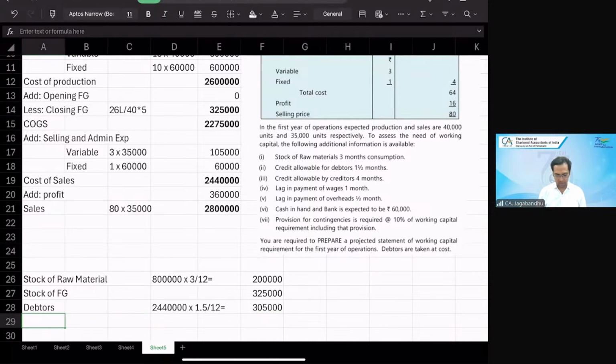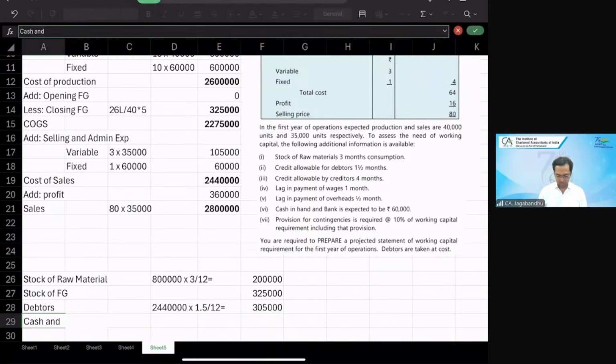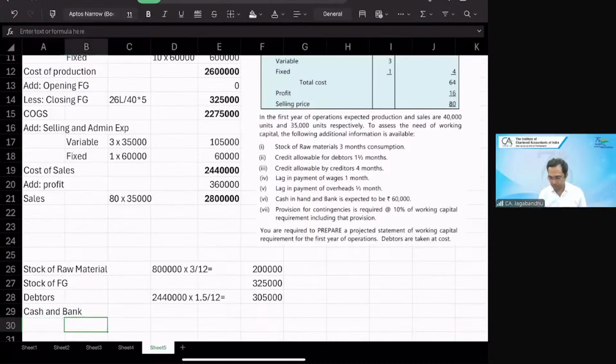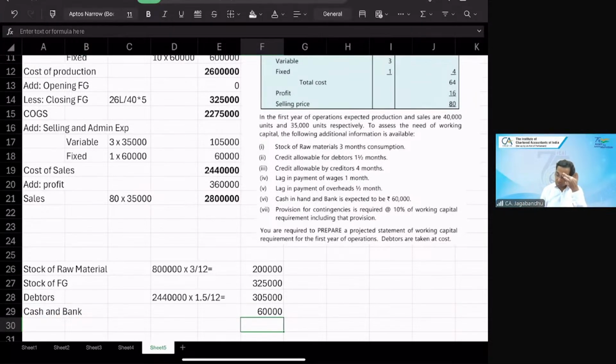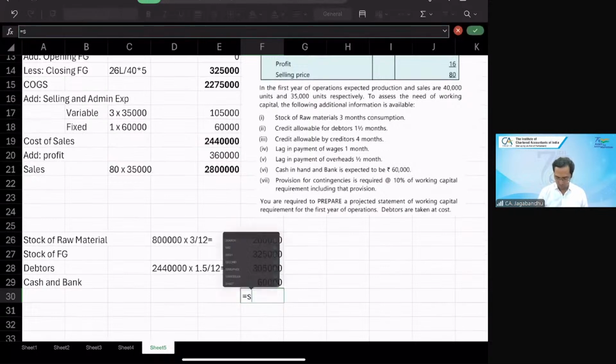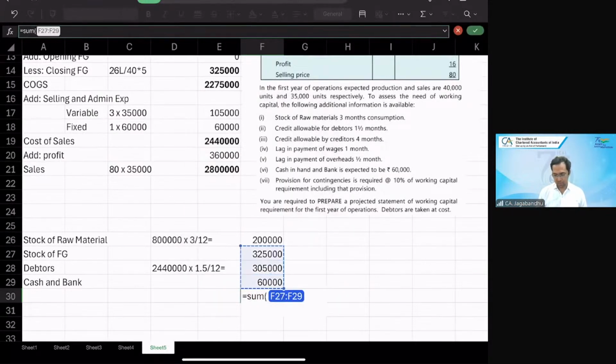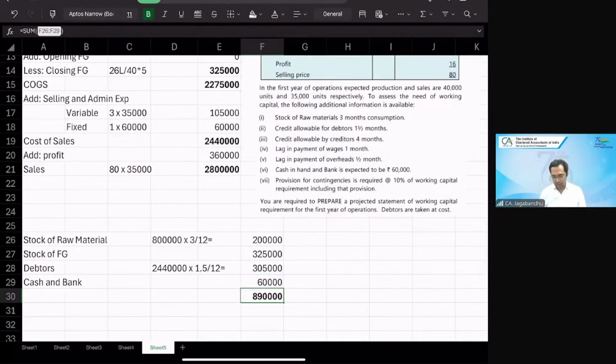And then we have the cash and bank balance, which is given in the question to be 60,000. So cash in hand and in bank is 60,000. Then the total of current assets works out to be 8,90,000.